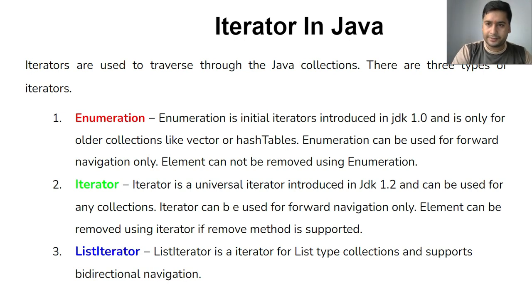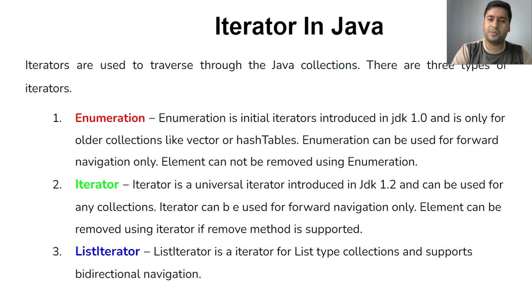So please prepare for that and try to focus and understand what exactly the purpose of these iterators is. Okay, so the first point we have discussed is enumeration. Enumeration is one type of iterator. Enumeration is the initial iterator, introduced in JDK 1.0.